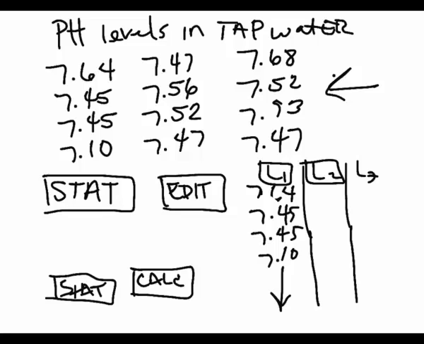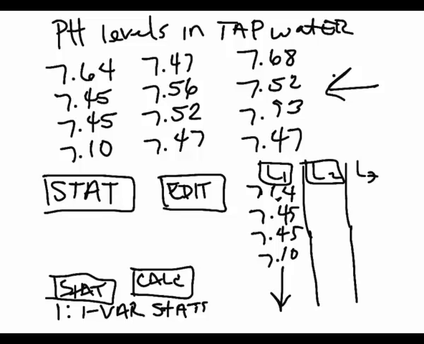Then hit number 1. Number 1 says 1-Var Stats, which means one variable statistics. When it's under 1-Var Stats and you hit Enter, it'll bring 1-Var Stats to your home screen, and then just hit Enter again.